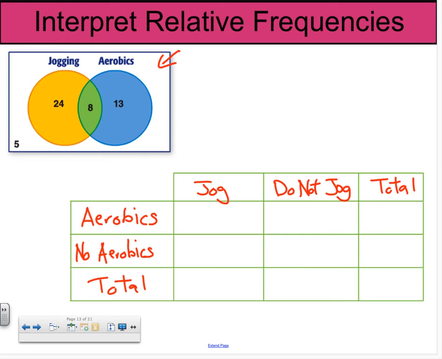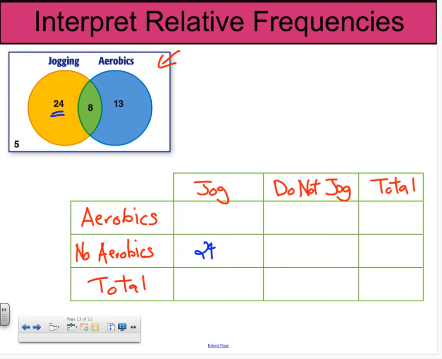Let me figure this out. If you are going to jog and not do aerobics, there is a total of 24 people here. So 24 people jog and don't do aerobics. So jog, no aerobics is 24.